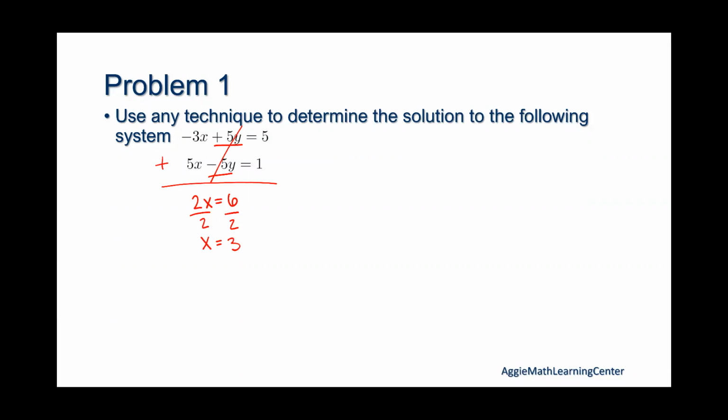After that, we can take this variable that we found and plug it into either one of the equations so that we can solve for y. I'll plug it into the top one. So we'll plug in 3 for x, and we have negative 9 plus 5y equals 5. Then if we add 9 to both sides, we have that 5y equals 14.